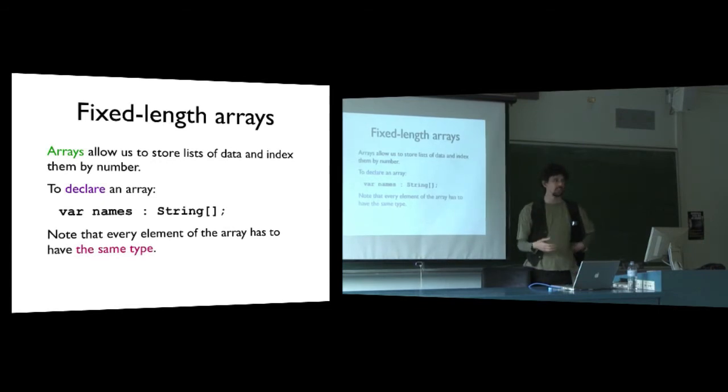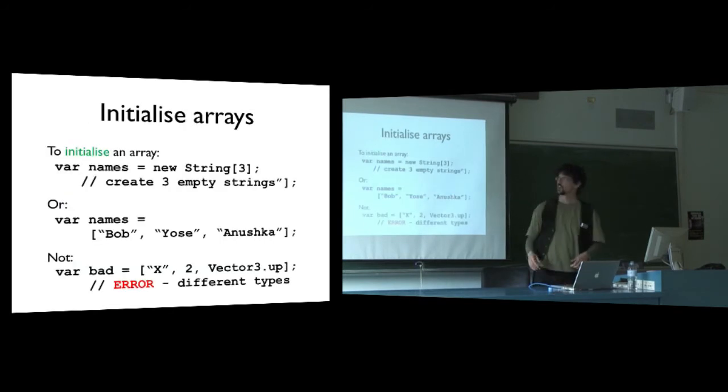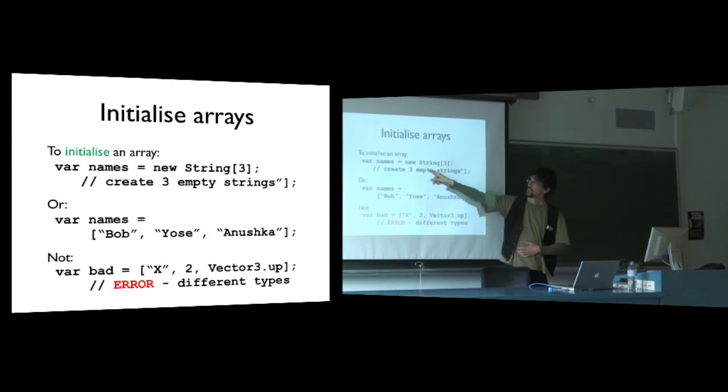You can set that by hand in the Unity inspector. If you want to declare an array in your code as you're going, you'll need to initialize it to say how many things it contains. If we do it like this, we can say new string 3. This creates an array with three empty strings. So it has places in it for 3 strings, but initially they're all empty.